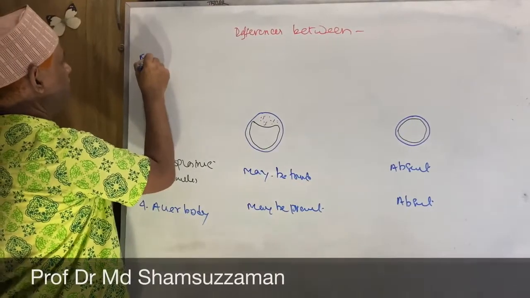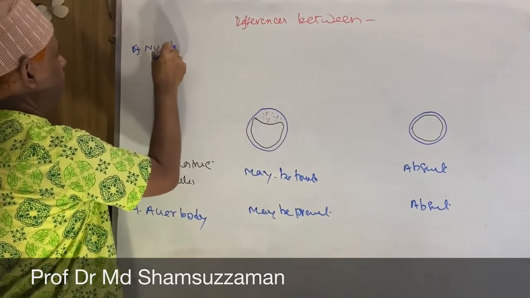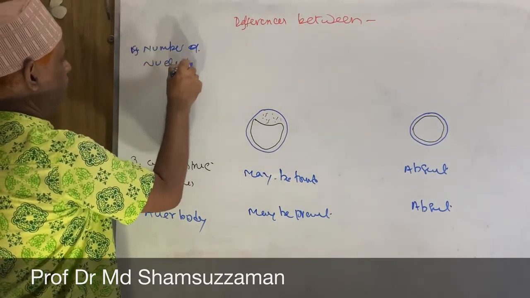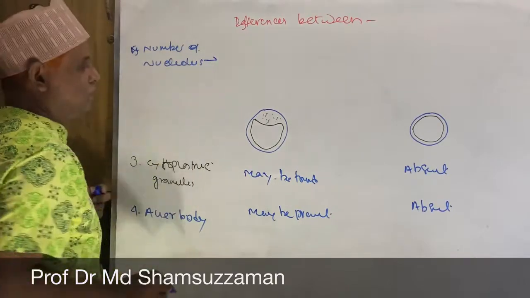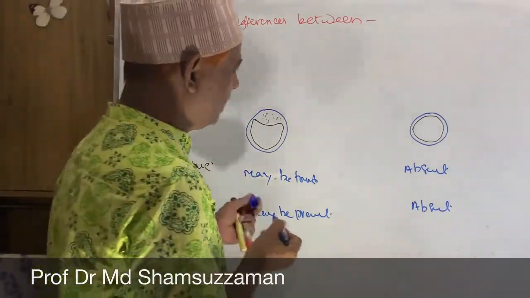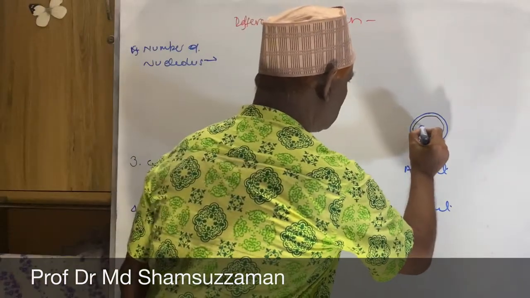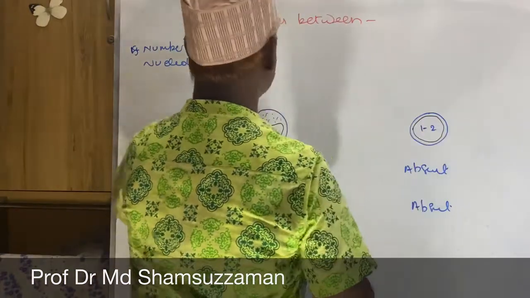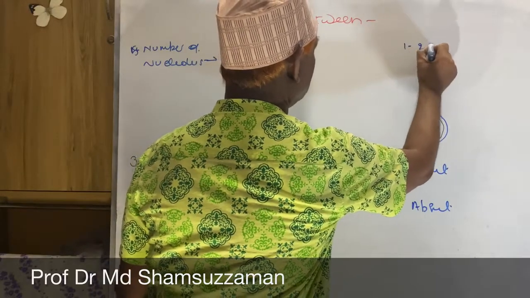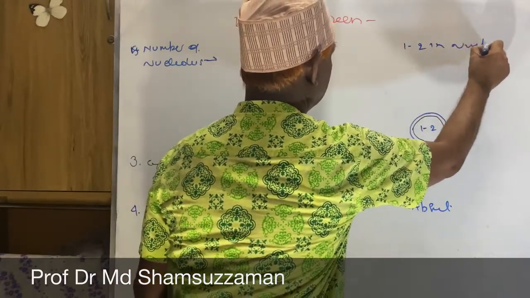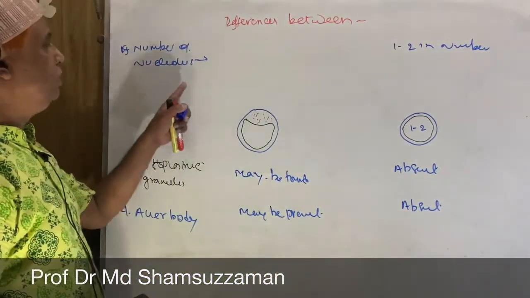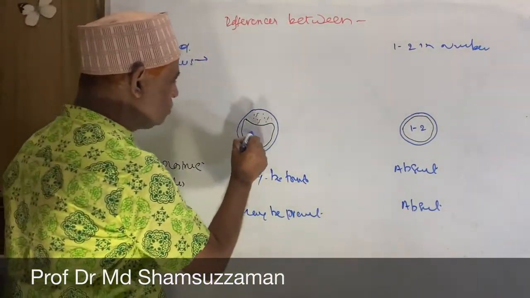Number 5, number of nucleoli. In case of lymphoblast, the number of nucleoli is 1 to 2. But in case of myeloblast, the number of nucleoli is 2 to 5.